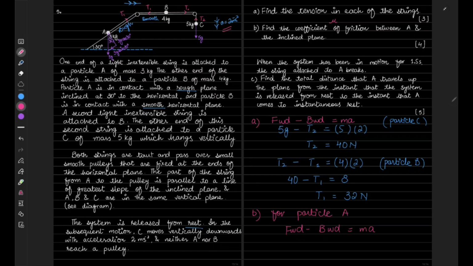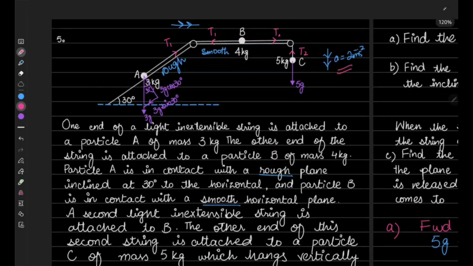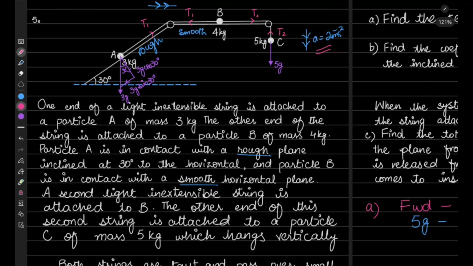So what is forward for particle A? T1 is forward, and 3g sine 30 is backwards also, because the body is moving forward, so there must be frictional force F equals to mu R.